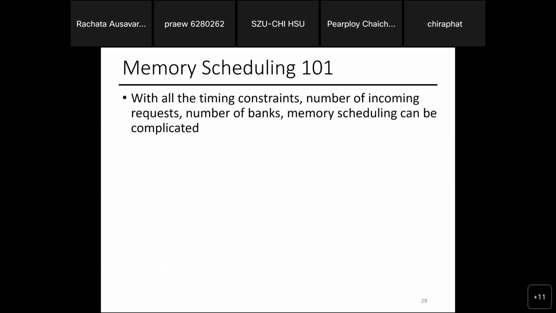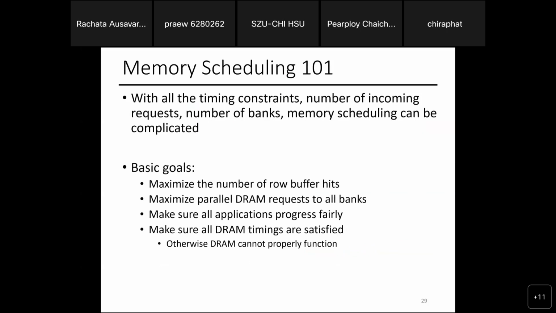So quick thing about scheduling 101. I have to make sure I don't do it faster, for example, than the tRP, the time I need to precharge. But the basic goal is, if I have a bunch of requests, I want to maximize requests to the same row, because that's fast. I want to send requests to all the banks, because that's fast.